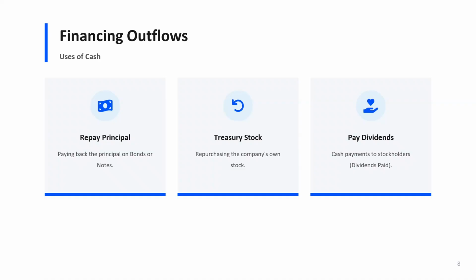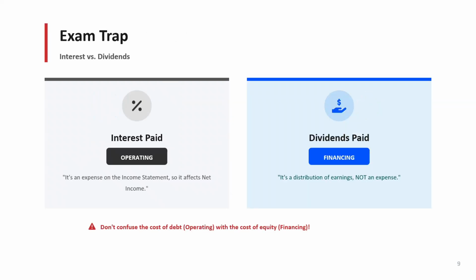And this leads us to a common exam trap that often confuses candidates, the difference between interest and dividends. Here's the classic CPA exam trap: classifying interest paid versus dividends paid. This distinction is critical for the statement of cash flows. Interest paid is always an operating activity because it's an expense that impacts net income.